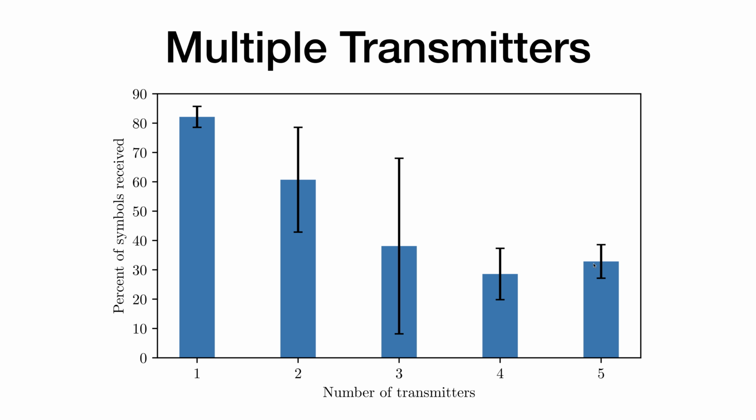Just with how the signals combine here, it's different than how they do in code division multiple access, because we only know if things are on or off. We can't actually add the signals together. So it's a little bit different. So that's why you see this drop. Whereas if it was true code division multiple access, you wouldn't see this drop. But because we're not doing that purely, we are seeing this drop.